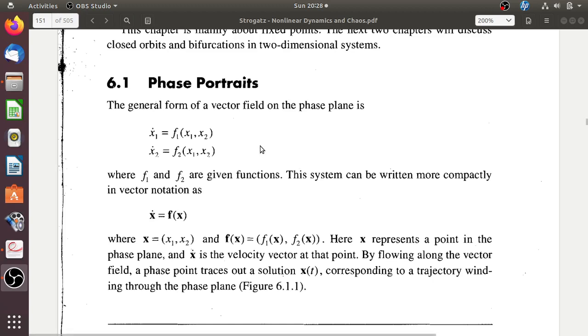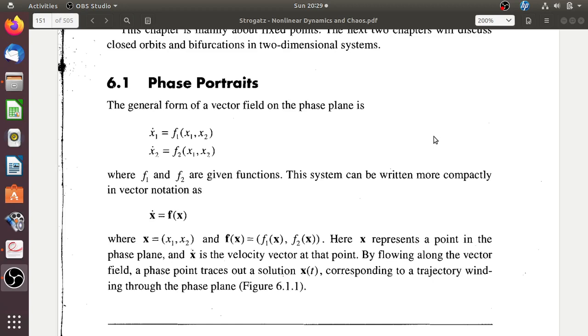If in an x1 x2 plane I join all those state variables, the x1 x2 which is varying as a function of time, then that will form a curve in the x1 x2 plane, and that line is known as a trajectory, which we have seen in the earlier week's video as well.